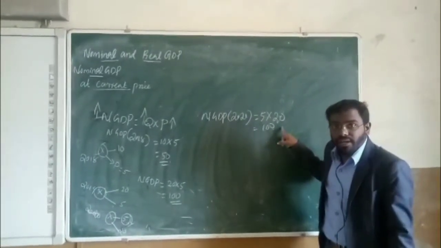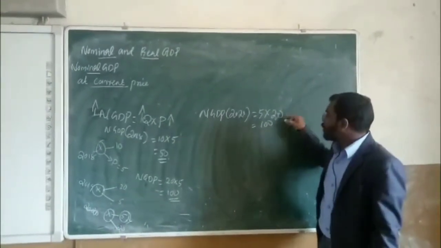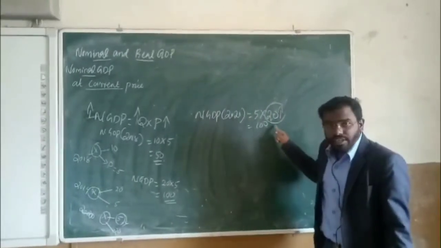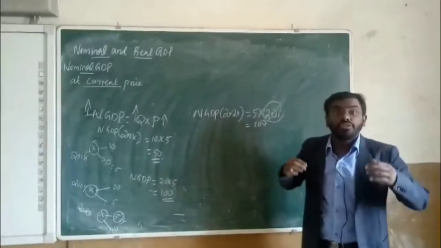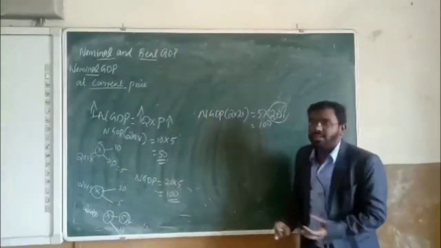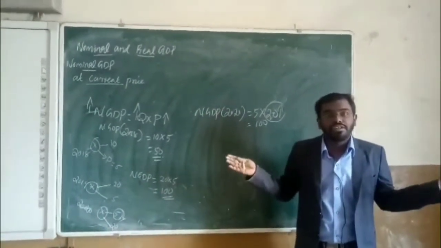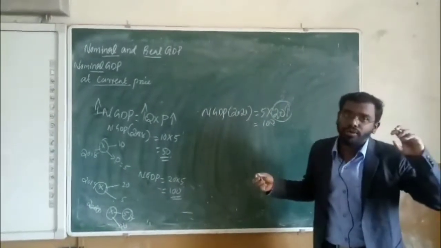But keep in mind that this increase in nominal GDP happened due to an increase in price level. Due to the increase in the price level of the economy, the nominal GDP increased. But the problem is that here GDP increased, but there is no change in the number of goods and services produced in that particular commodity.